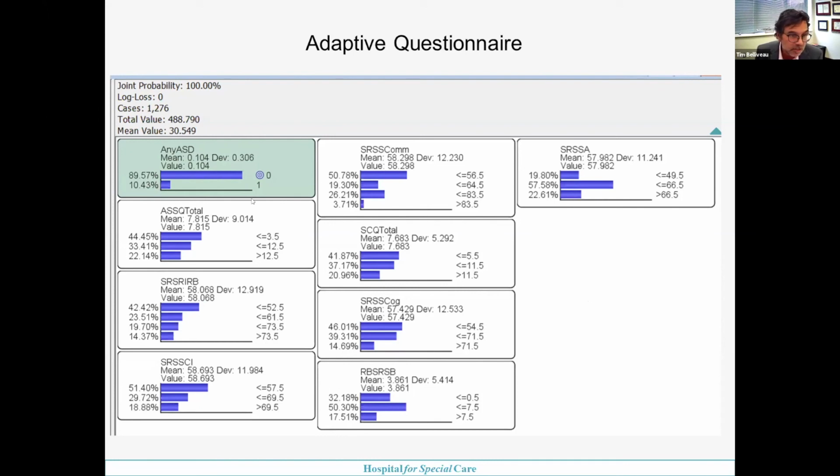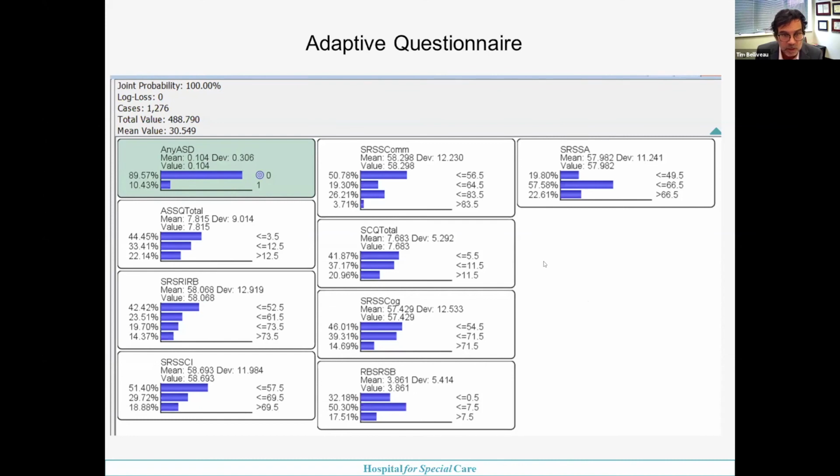And in this case, before we input any information or test scores, this is the base rate of autism of 10.43%. And then when we set the evidence for the input variables, it will dynamically adjust the probability of your condition of interest if this model is accurately optimized.